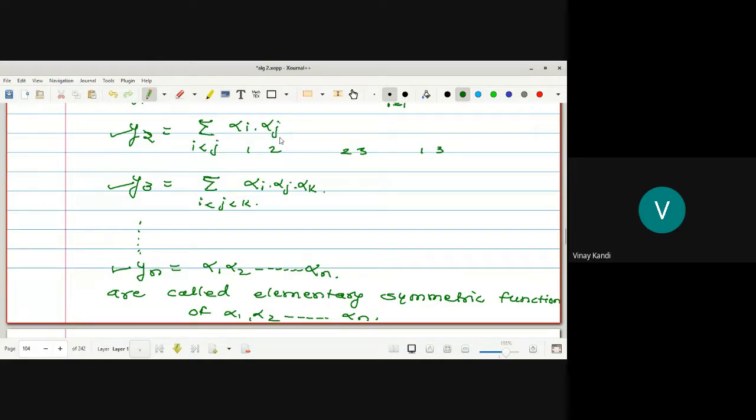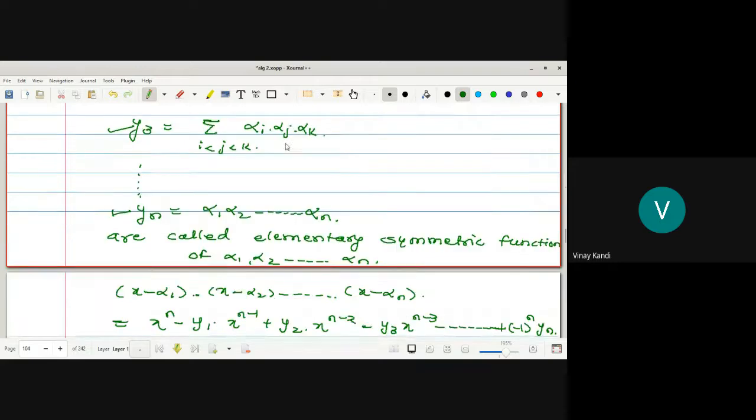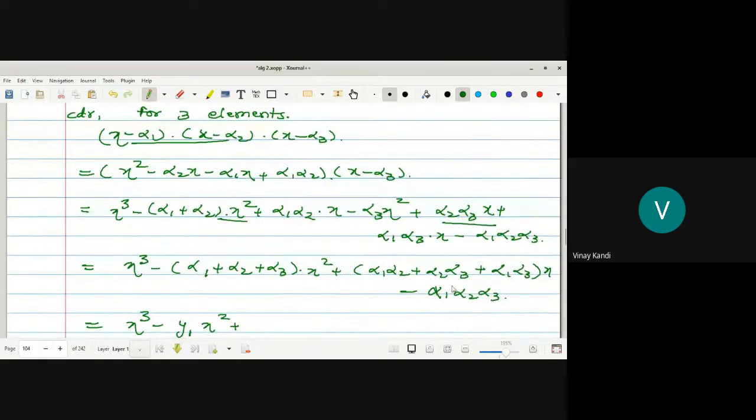This one plus y2 into x, and this is alpha 1 alpha 2 alpha 3, that means y3.